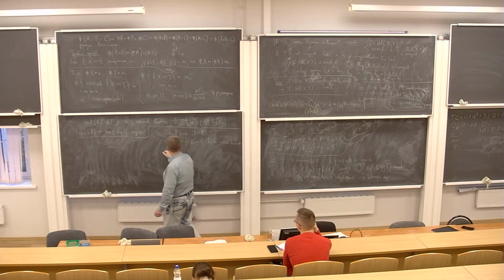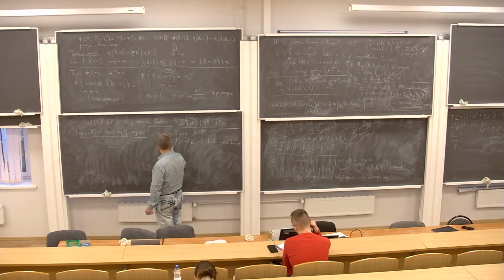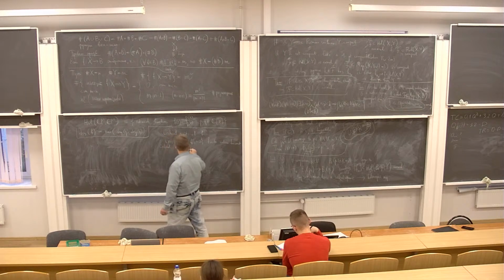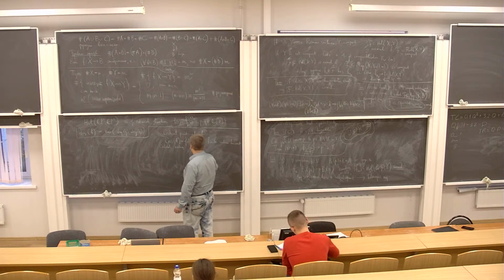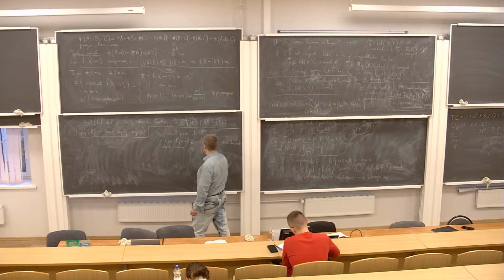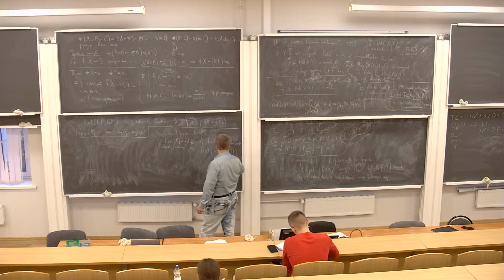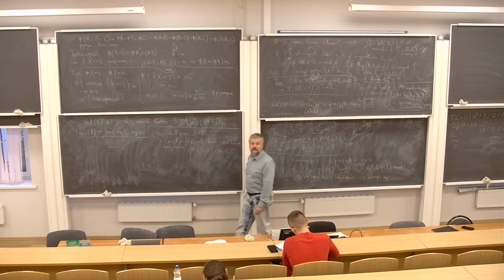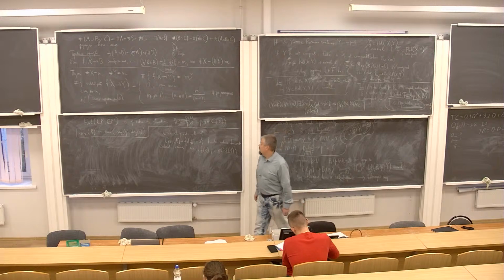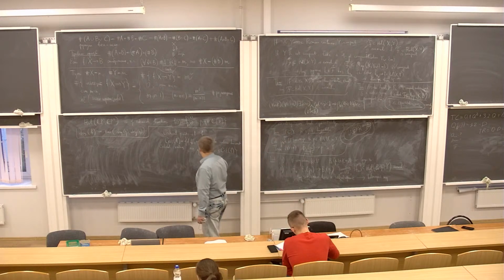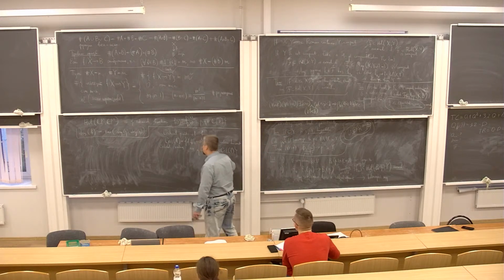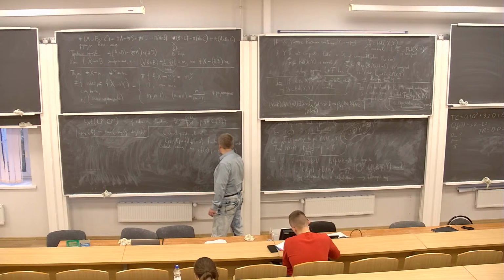So the critical values are defined as the images of critical points. Okay. Let me also use some abbreviation. Say CV of f will be critical values of f.